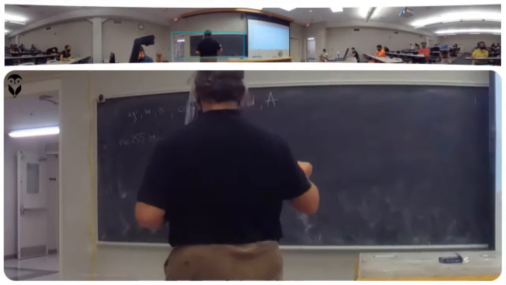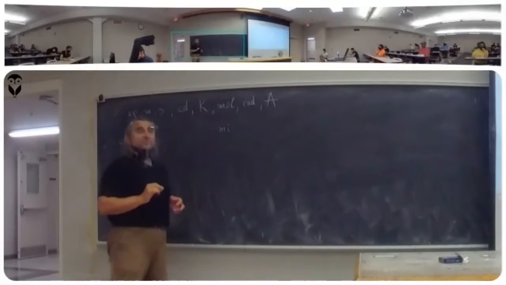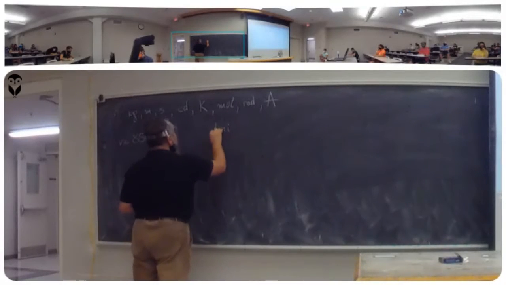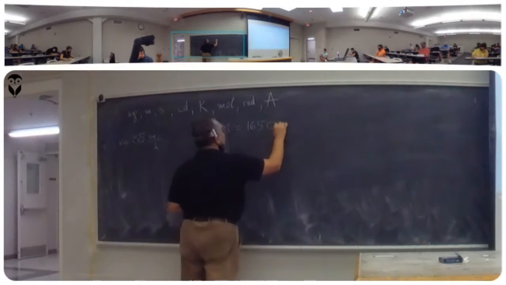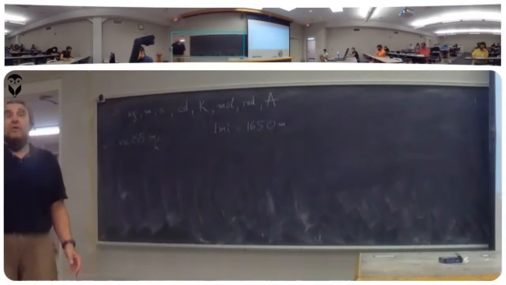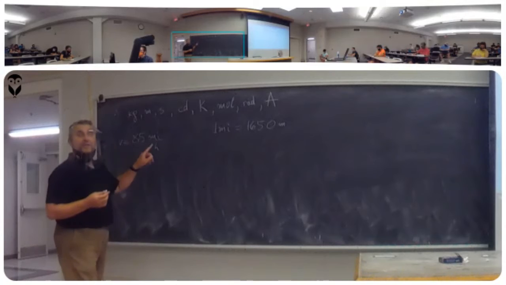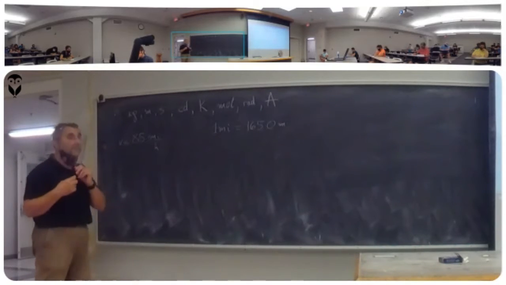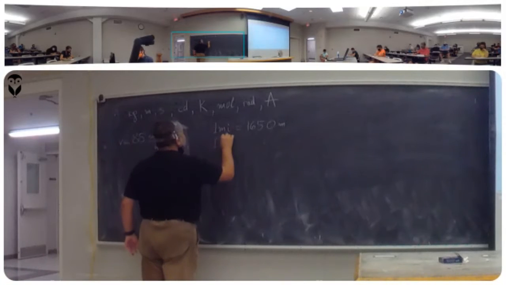In this case, the conversion from miles into meters: 1 mile is approximately 1,650 meters. So this is the first conversion factor that we need. You also need a conversion factor for hours into seconds, because hours are not part of the SI system of units. So 1 hour is how many seconds?